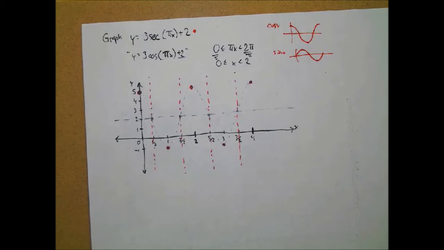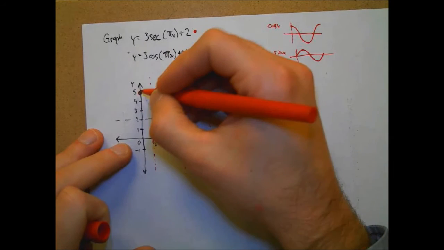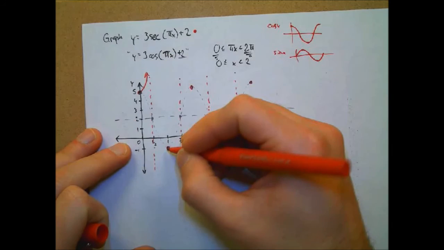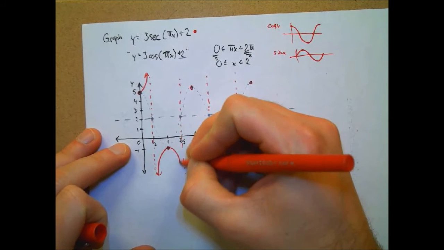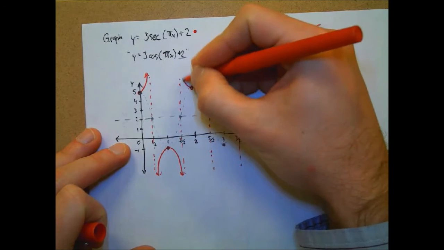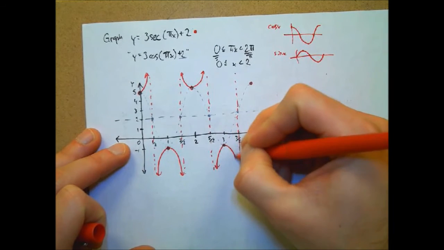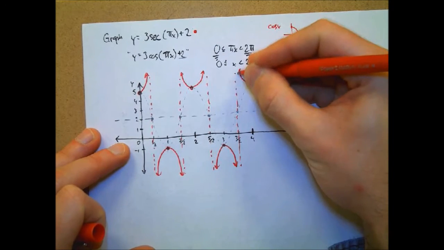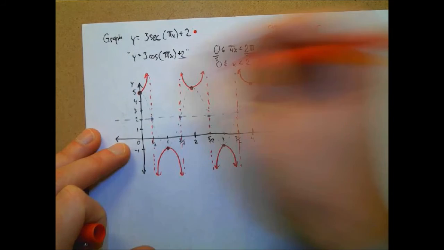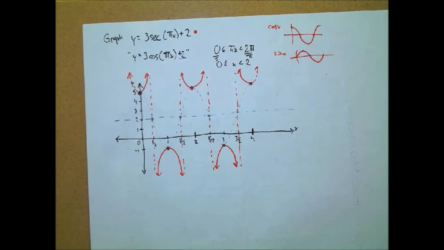So it basically just shifts like this. We can use those heights and the minimums to create the remaining part of the graph, like so. If you want, you can erase it, or since I did a dotted line there, I'm just going to leave it. But that's the idea.